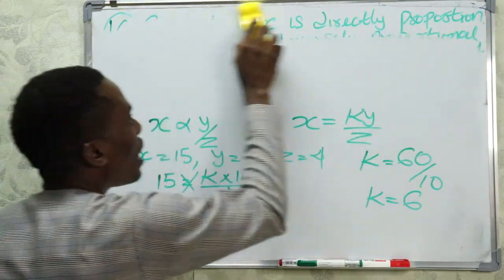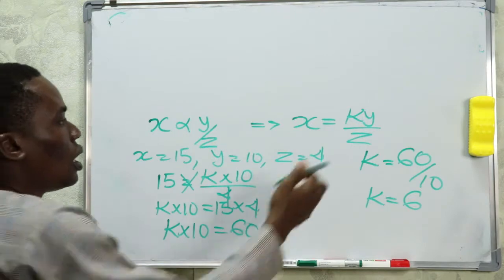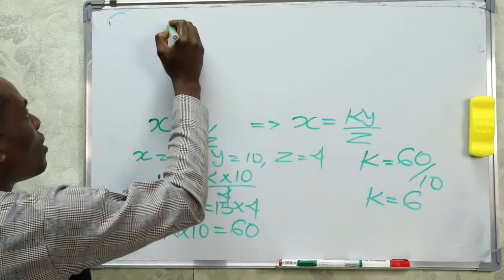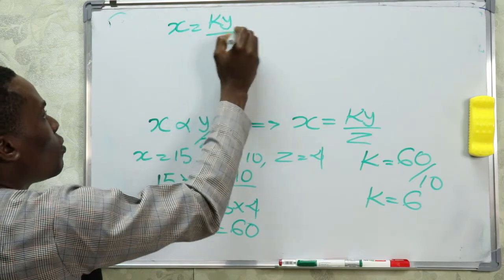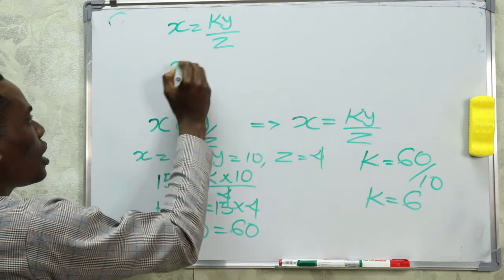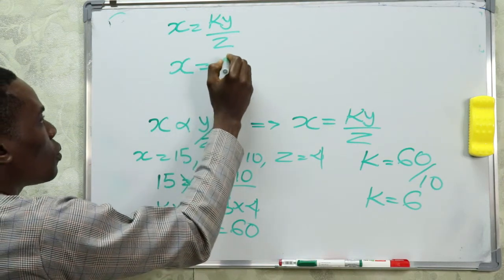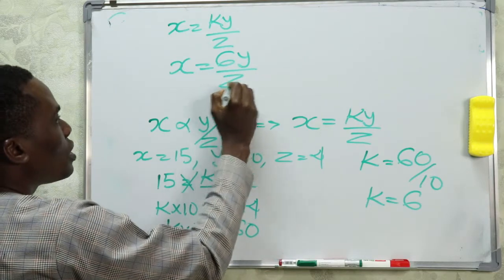So having k equal to 6, we want to look at the equation that is connecting x, y and z. Given this equation, we'll have x equal to k y over z. Fixing the value for k, we have x equal to 6y over z.